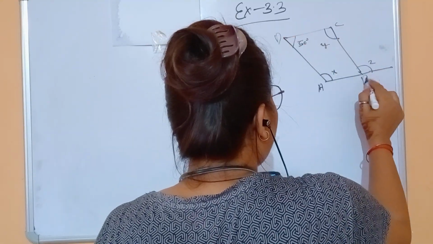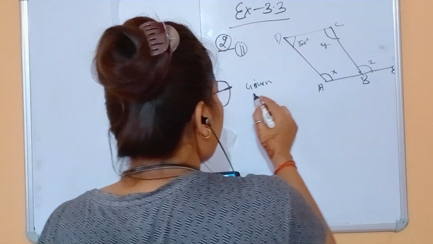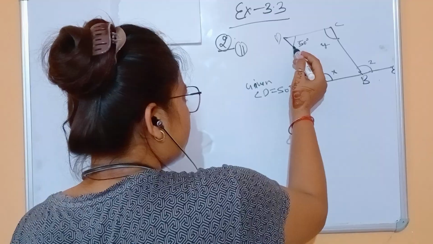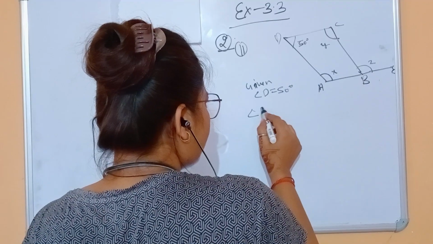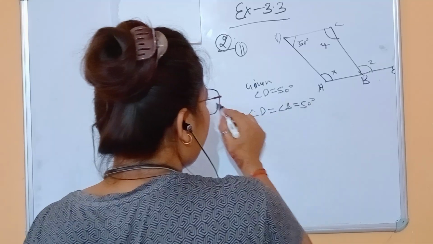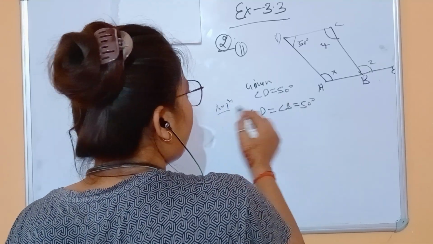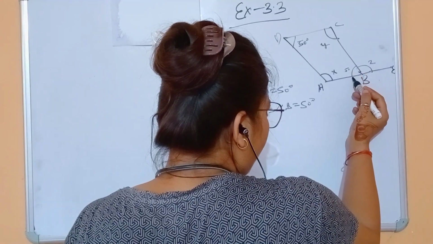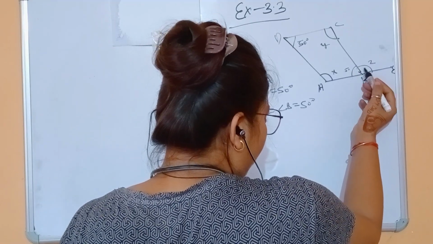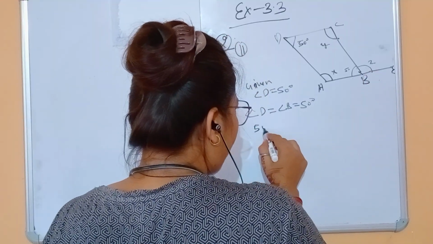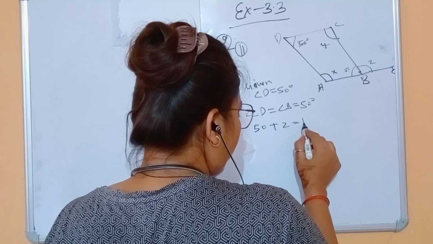So given angle D is 50 degree. We know that by opposite angle, angle D and angle B are equal to 50 degree. Okay, its solution. So angle B is equal to 50 degree. Now we know that angle B and angle Z are supplementary, so 50 plus Z is equal to 180 degree.